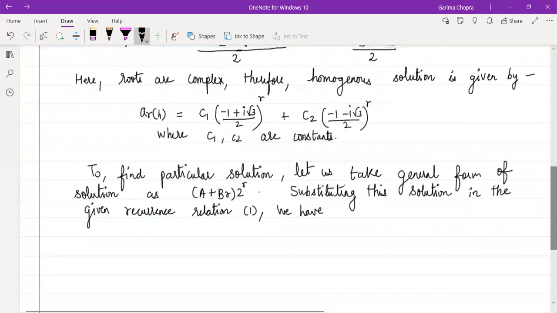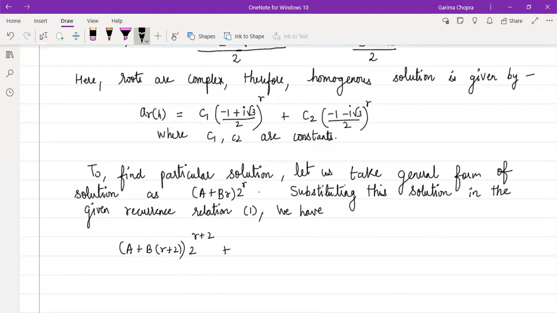So what we will get, we will be having here, now at the place of r, we will be having r plus 2, because this is the r plus 2th term of the sequence. And similarly, this 2 raised to power r will become 2 raised to power r plus 2. Then for the r plus 1th term, this r will become r plus 1.